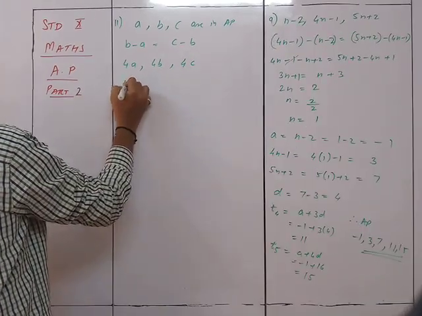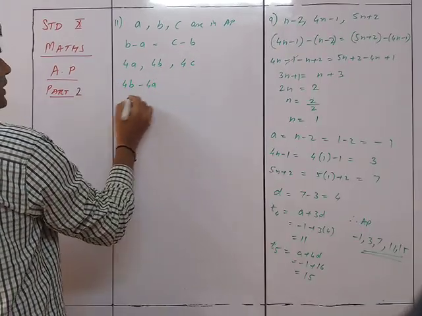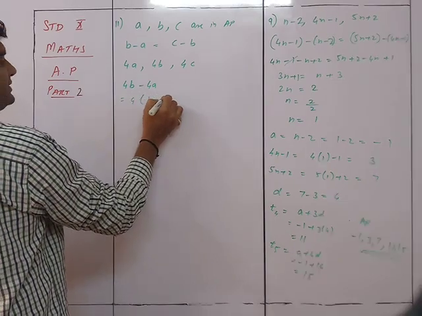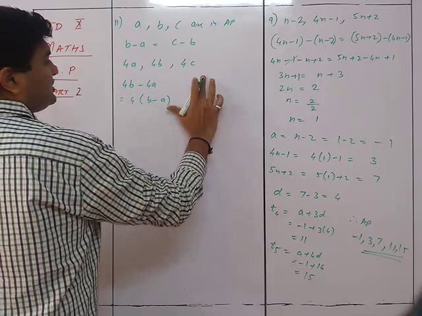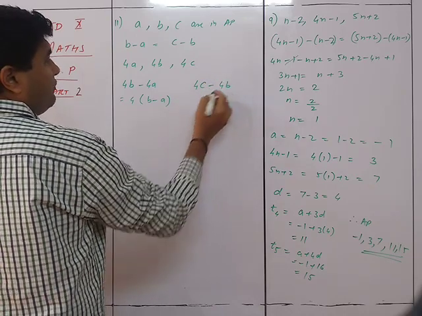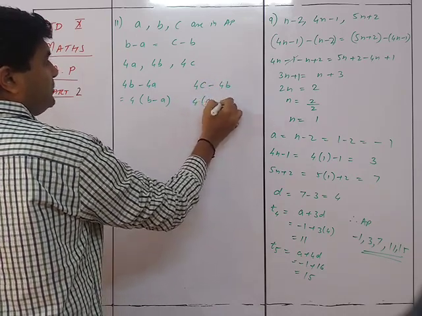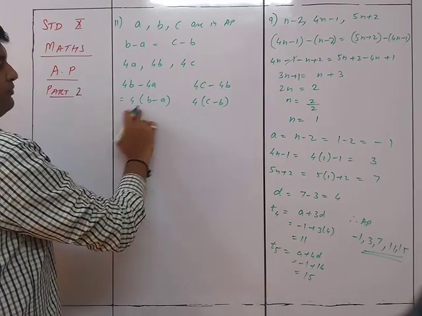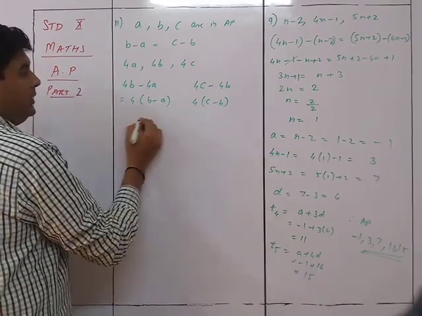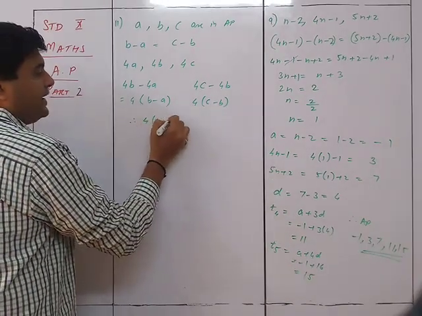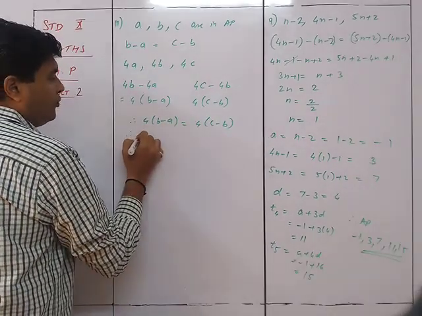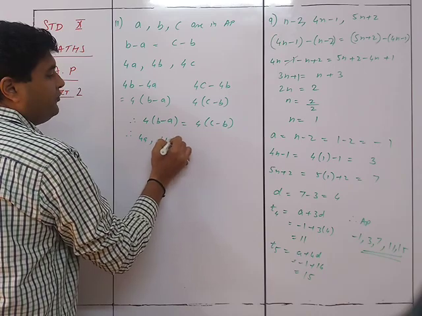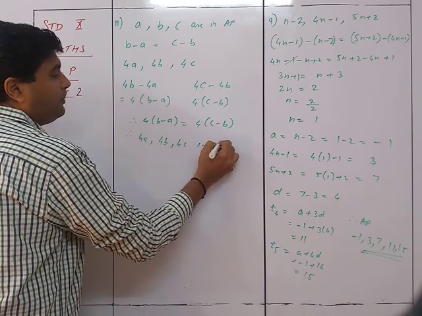So we have over here 4B minus 4A, which will be equal to 4 common, B minus A, and 4C minus 4B, which will be equal to 4 common, C minus B. Because this is the same, 4 is 4 and this is the same, therefore 4 times B minus A is equal to 4 times C minus B, therefore 4A, 4B and 4C are in AP.